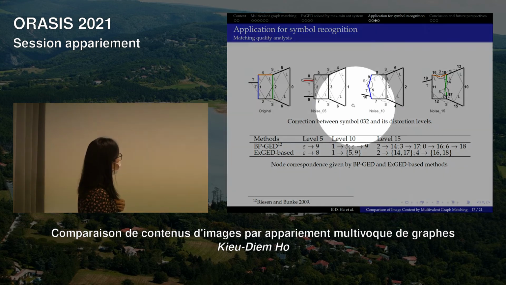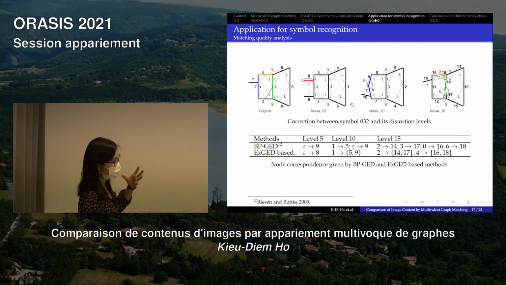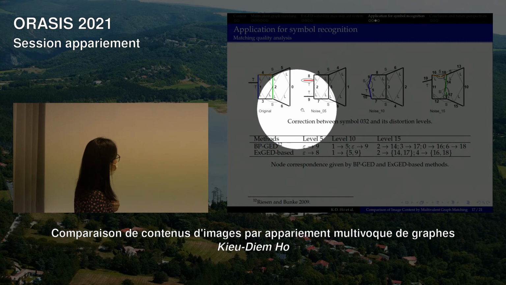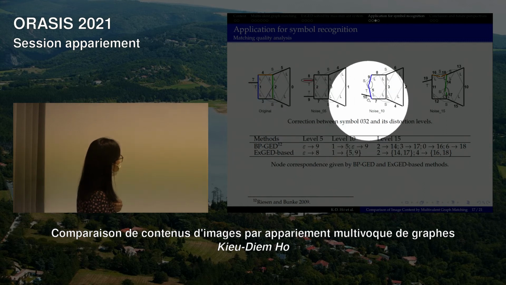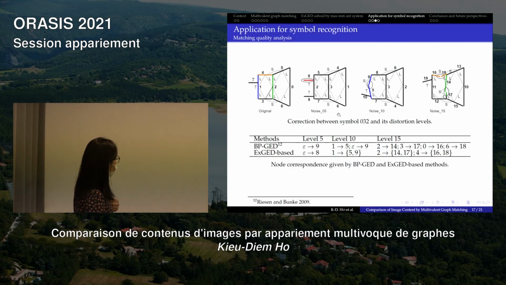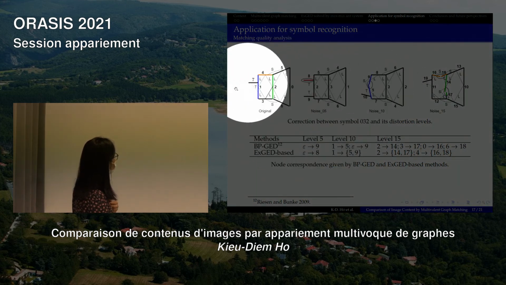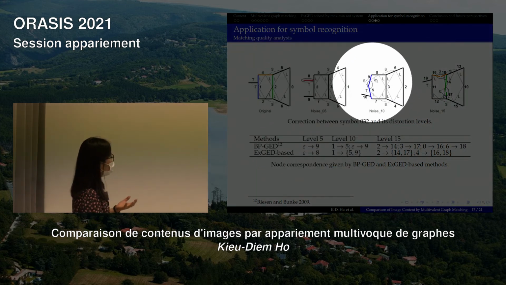So here is the original symbol, and on the right are the noisy symbols. The same color indicates the same correspondence. So here we see, for example, between the original symbol and the noisy symbol at level 10, the traditional method, bipartite graph matching, just matches 1 to 5 here, and they delete another line.